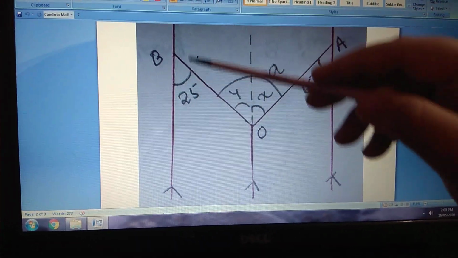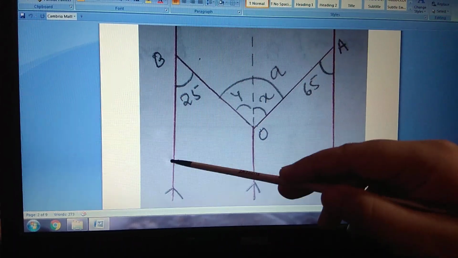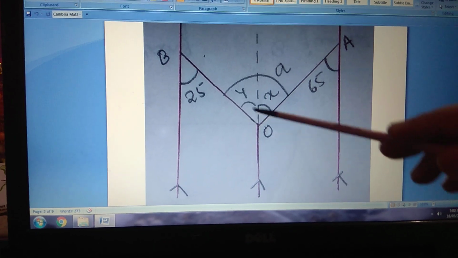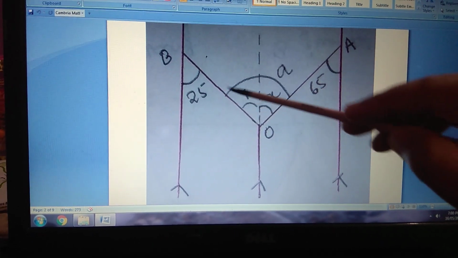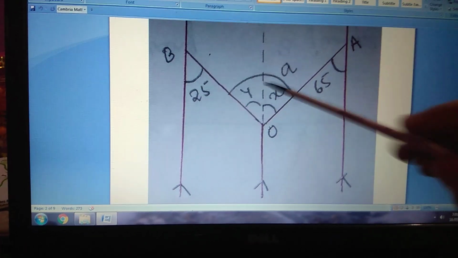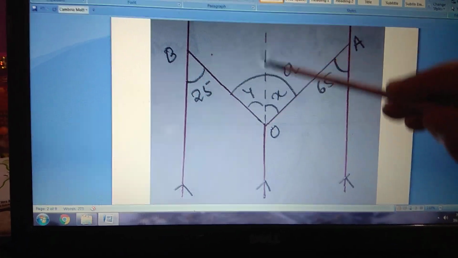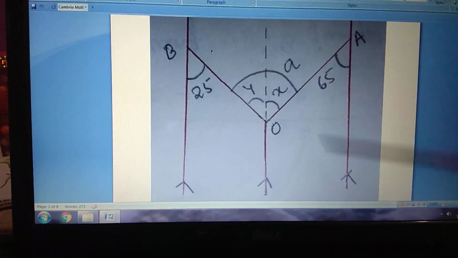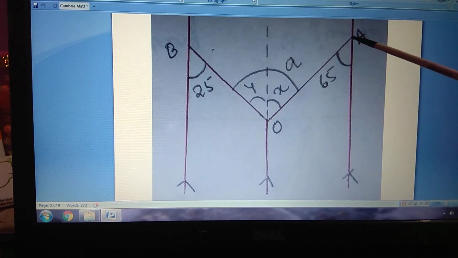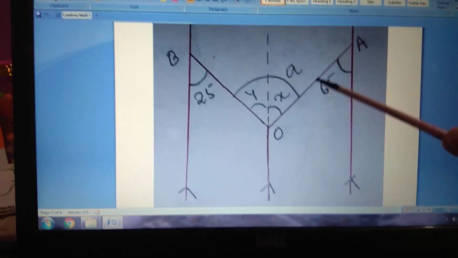If M is parallel to N and OB is the transversal, then Y and 25 are alternate angles, so Y value is 25. Again, if L and M are parallel, and L and N are parallel, then OA is the transversal, so X is equal to 65.